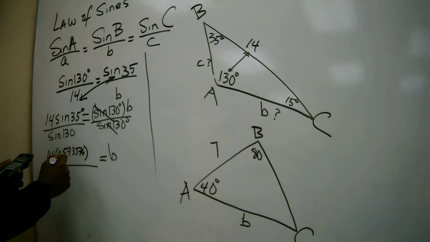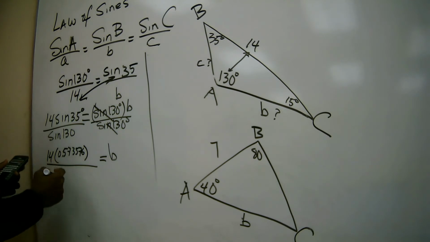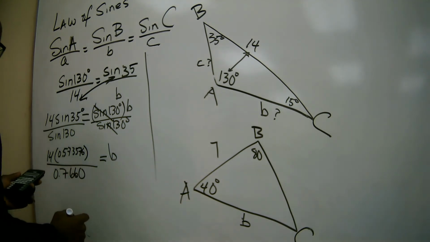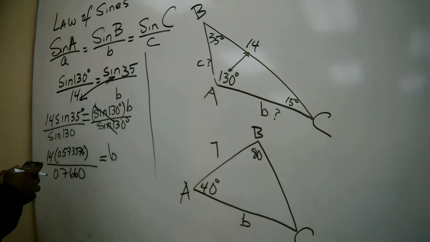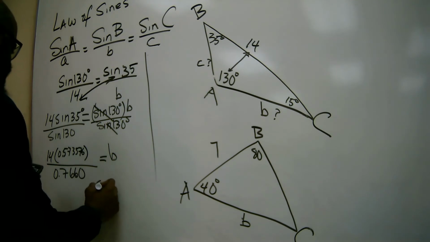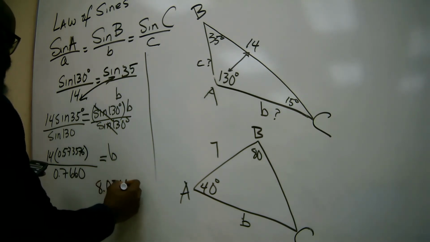And divide by sine of 130, which is 0.7660, the same as sine of 50.